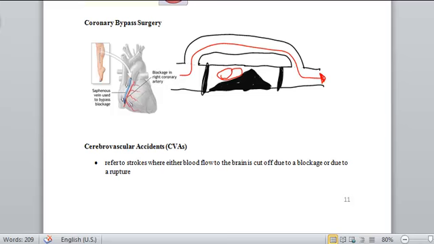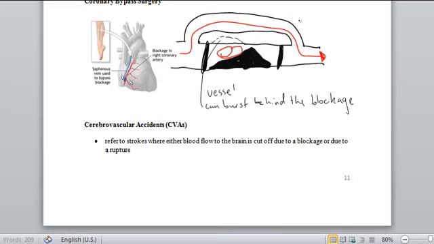Sometimes you will get a bulge out of the vessel, so it will start to bulge and weaken, and this can burst. It seems to happen in the brain more frequently. It can burst behind the blockage. That should be the vessel. And then you get a bleed. And in the brain it's called a brain bleed, or a CVA more technically.